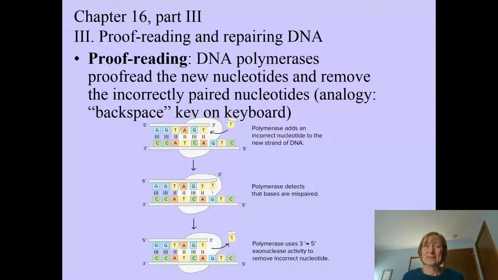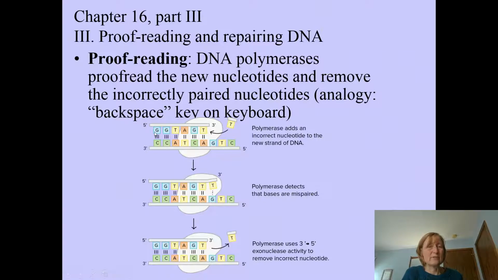If they make a mistake and put in the wrong nucleotide, they typically go back, take it out, and put in the correct nucleotide. It's kind of like if you were typing and you made a mistake, you automatically hit that backspace button and retype the right thing. It's almost muscle memory. Well, DNA polymerases proofread as well, right?